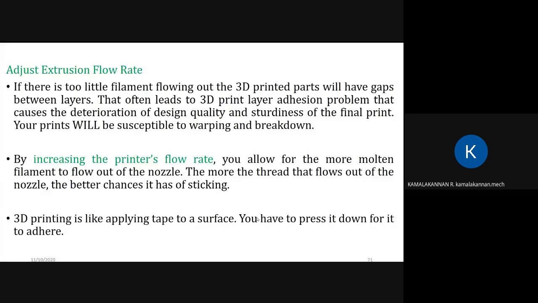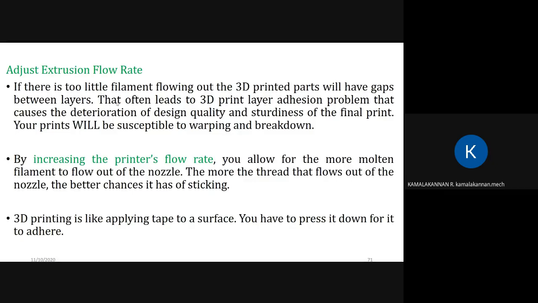If the extruder is pushing out too much, the layer diameter will be higher, and it won't stick properly to the previous one, because a proper thickness of extrusion from the nozzle is important. If it is lesser, that's a problem. If it is higher, that's also a problem. When to increase and when to decrease, let us see.